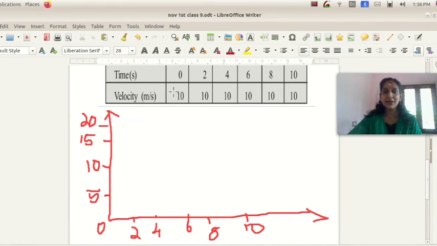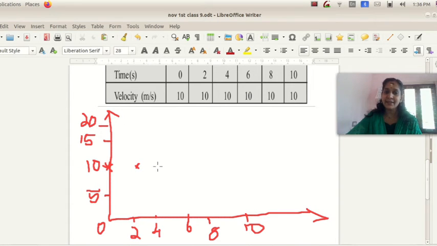At 0, the velocity of the car is 10 meter per second. At 2 second, the velocity of the car is again 10 meter per second.